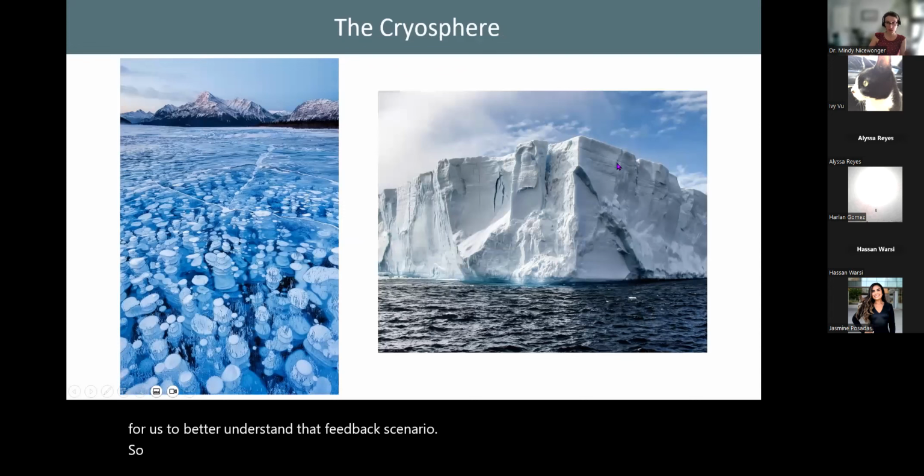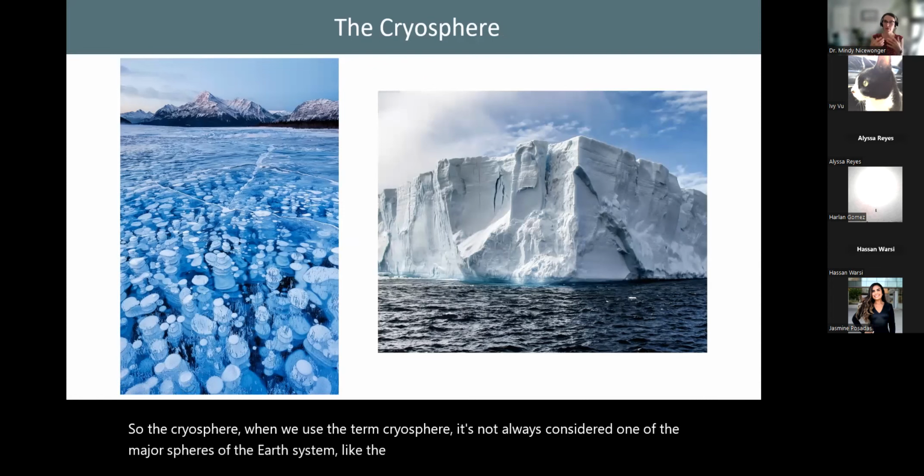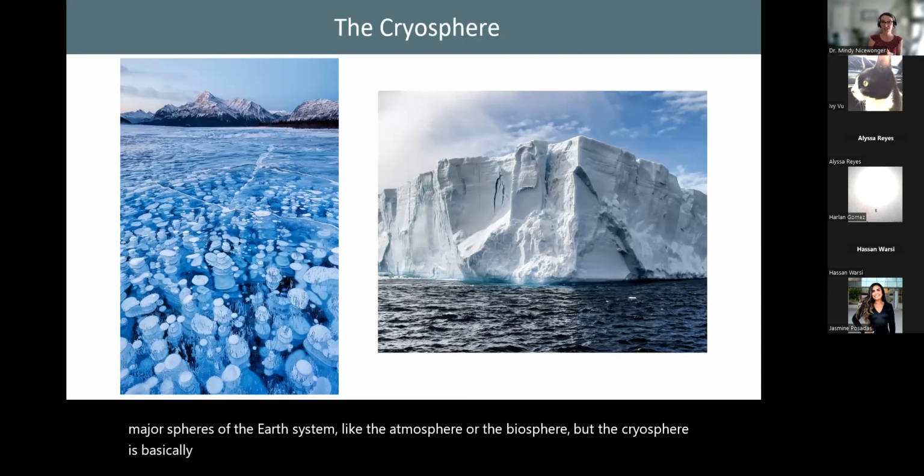When we use the term cryosphere, it's not always considered one of the major spheres of the Earth system, like the atmosphere or the biosphere. But the cryosphere is basically water in its solid form. So ice, and where we have ice on our planet. Our big ice sheets, Antarctica and Greenland.